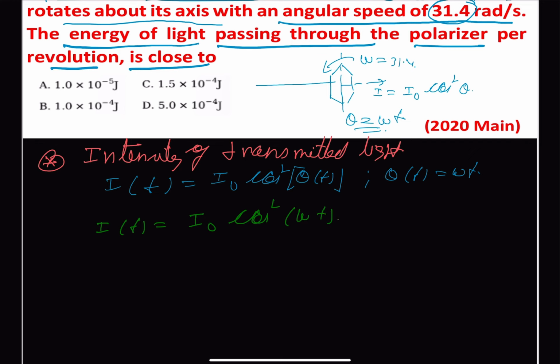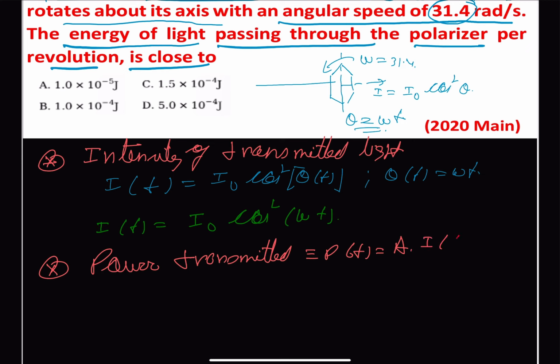And we need to find out the power transmitted through the polarizer, that will be equal to area multiplied by the intensity. We can say that the power transmitted, that is P of t, is equal to area multiplied by I of t.